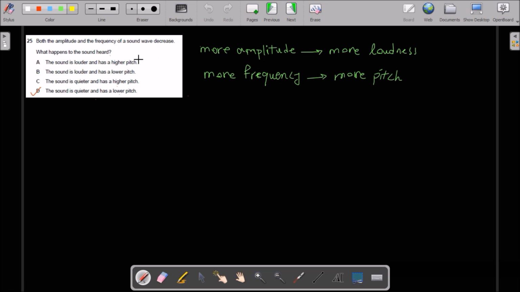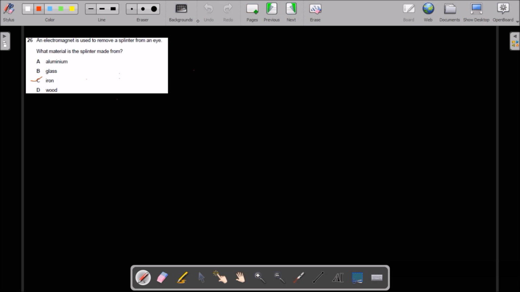What happens to the sound heard? When amplitude and frequency decrease, loudness will decrease and pitch also will decrease. That's why lower pitch and less loudness, which is quieter, will be the answer. That's why 25, D is right.